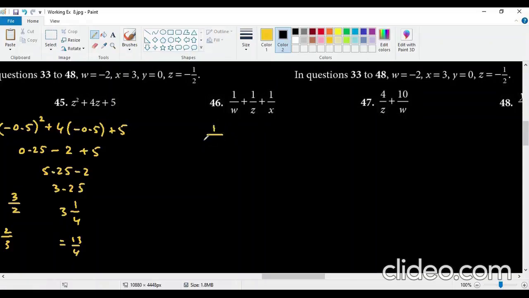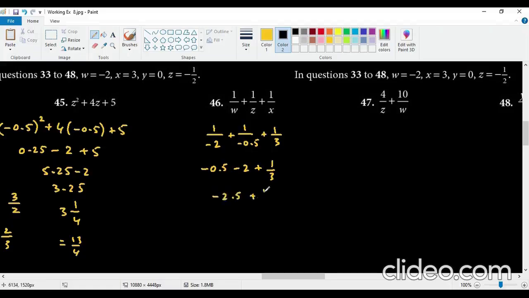Next, 1 divided by negative 2, plus 1 over the z value, which is negative 0.5, plus 1 over 3. So when 1 is divided by negative 2, it's going to give you negative 0.5. When 1 is divided by negative 0.5, it's going to give you negative 2, and 1 over 3.